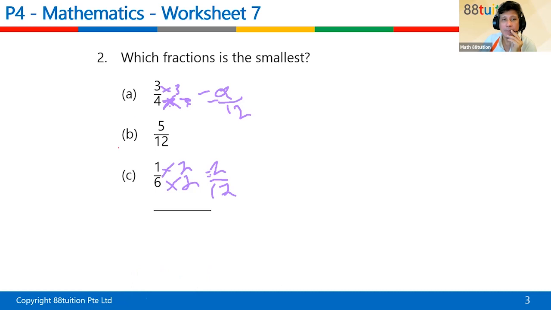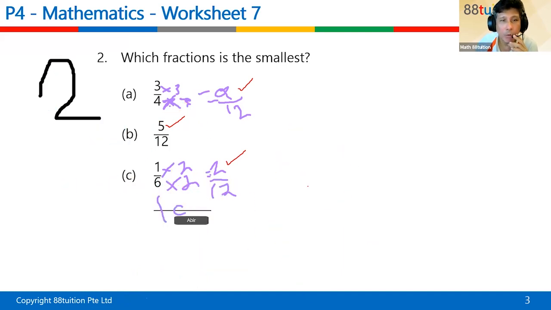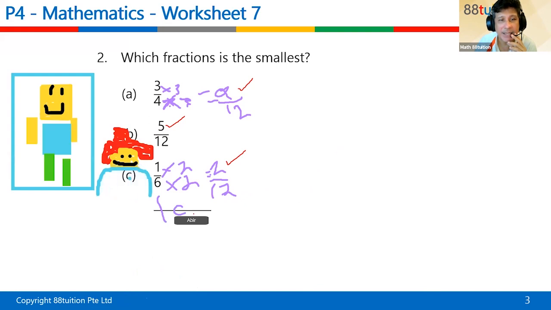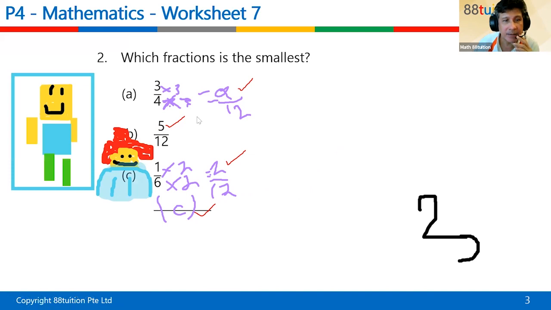Okay, so Abir, you saw one has a 9, one is a 5, and one is a 2. So which one is the smallest? Abir has given us C as the smallest. That is correct. Okay, so now we can move on to our next question.